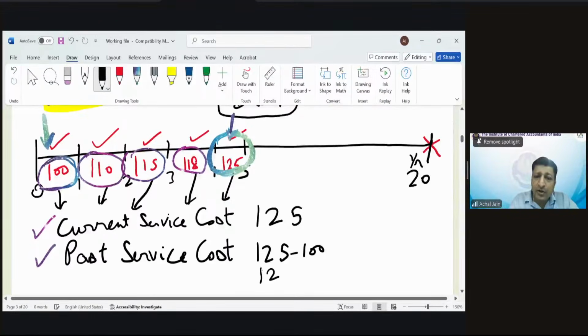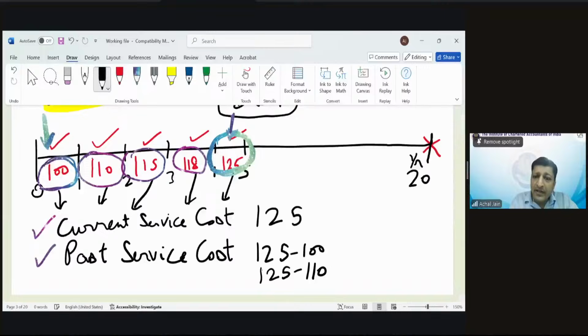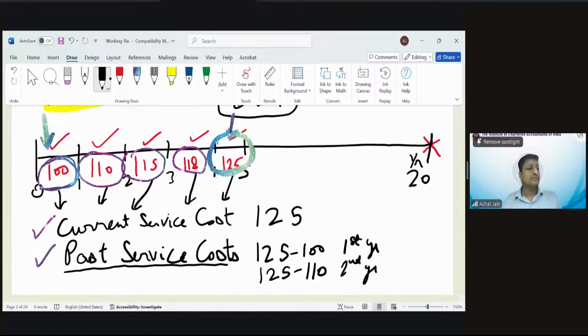Similarly, a portion of 125 minus 110 for the 2nd year, what do you call it? Past service cost. Similarly, the portions of the 3rd year and 4th year which you record in the 5th year, what do you call them? Those are all past service costs. Clear? Clear on this component?